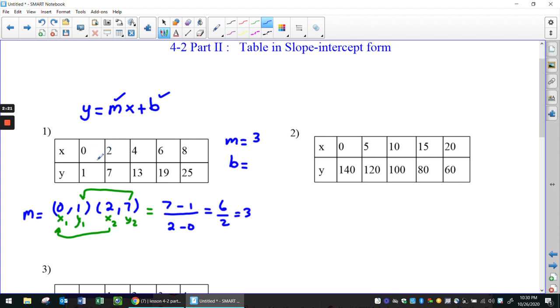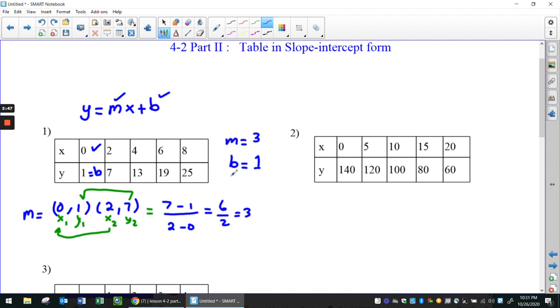Sometimes the tables will not have the corresponding y value for the 0 value for x. So in this table we do. So whenever x is 0, which we have here, our y is equal to b. You see that? So b is equal to 1. And there you have it.